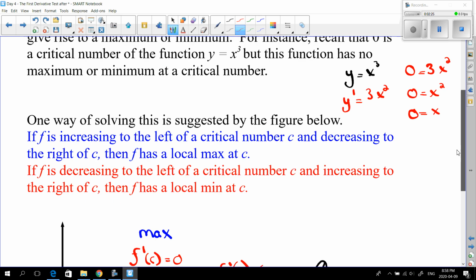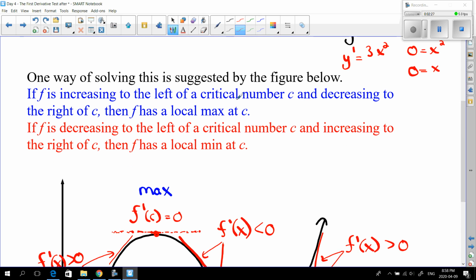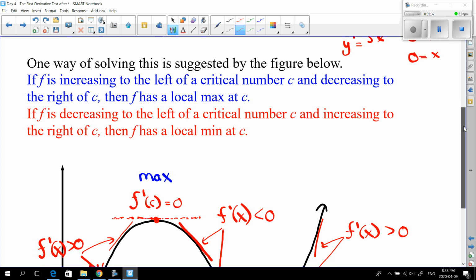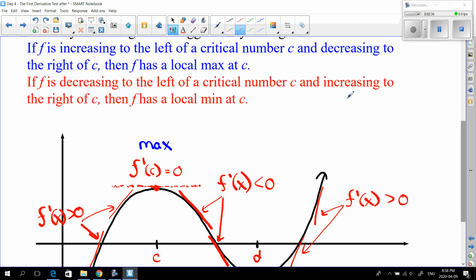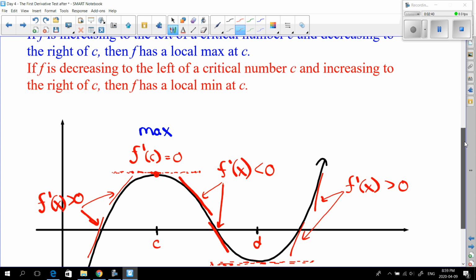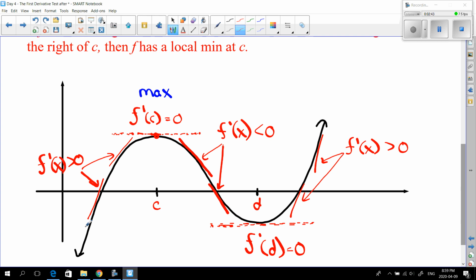One way of solving this is suggested by the figure below. It says if f is increasing to the left of a critical number c and decreasing to the right of c, then f has a local max. Remember, f is increasing if the derivative is positive. So you can see here's my critical value, c. I have a maximum here.